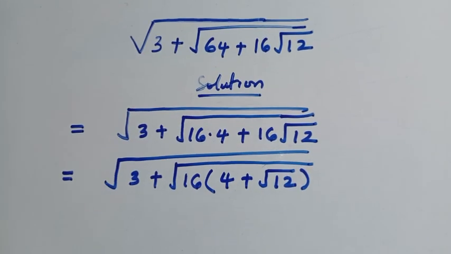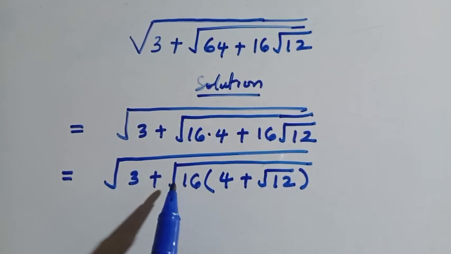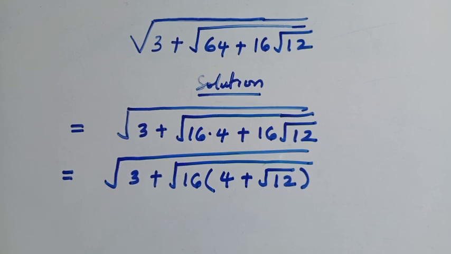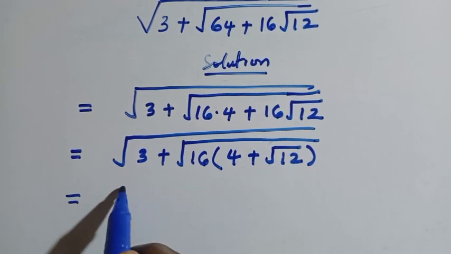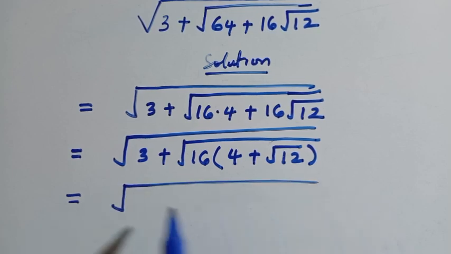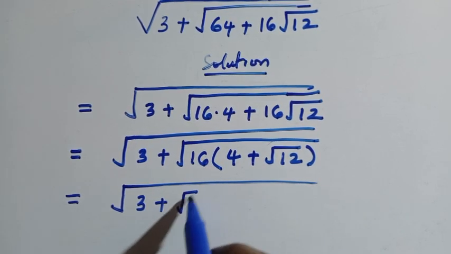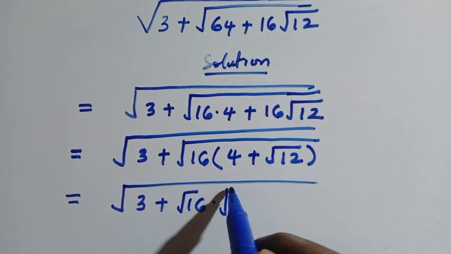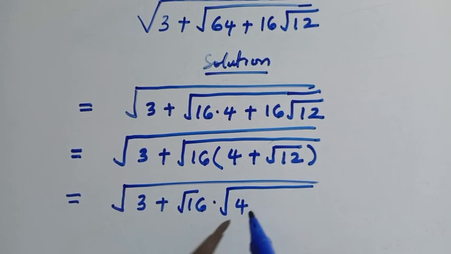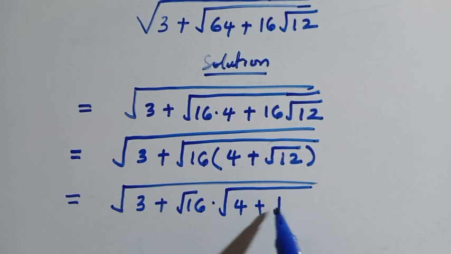And in this one single root, we can separate this as the square root of 3 plus the square root of 16 multiplied by the square root of 4 plus the square root of 12.